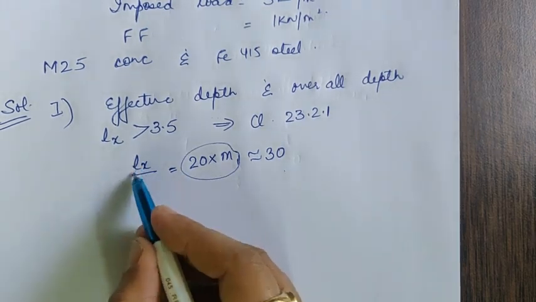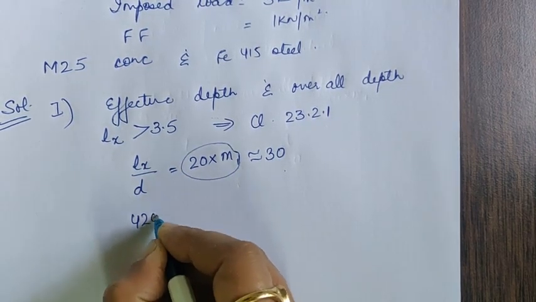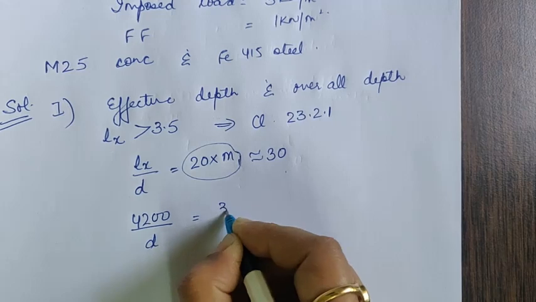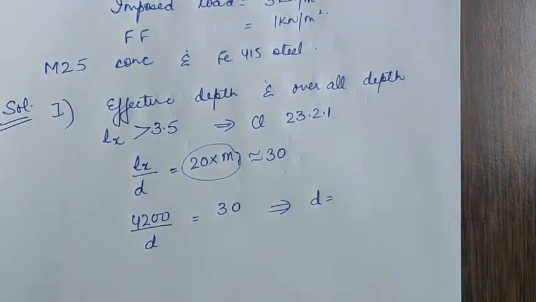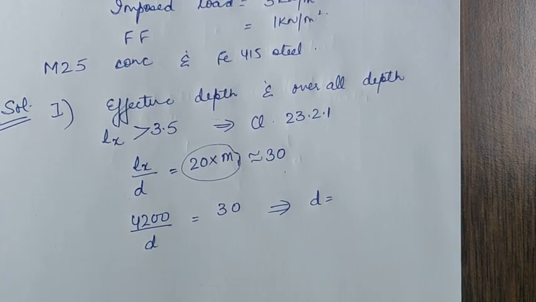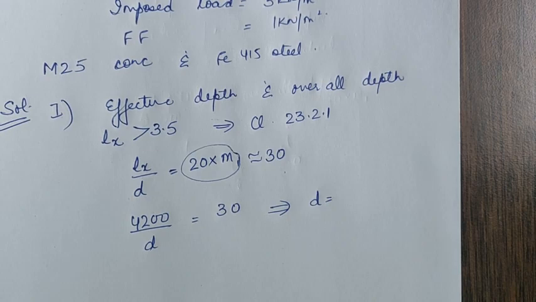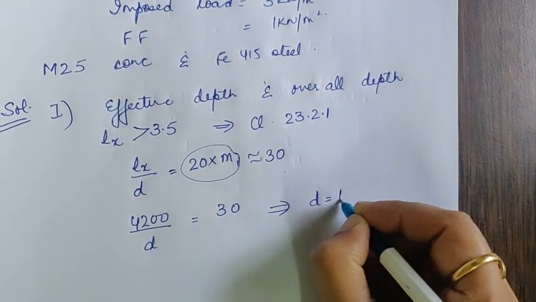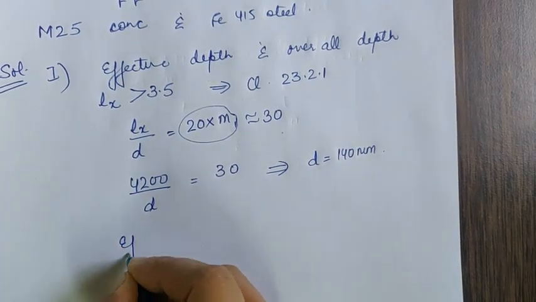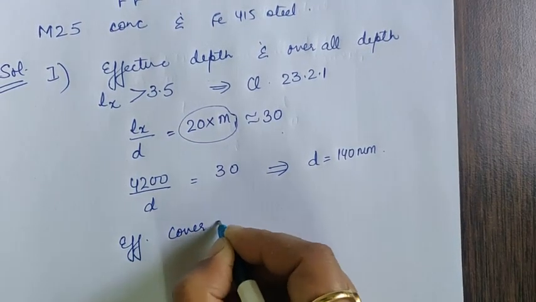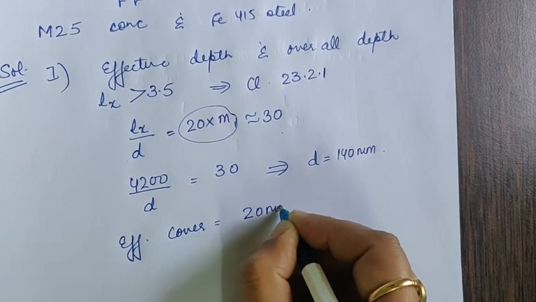Okay. So this value becomes 4200 upon D is equal to 30. So the value of D is coming out to be 4200 divided by 30. So the value of D is 140 millimeters. Let us say I am assuming the effective cover to be 20 millimeters.